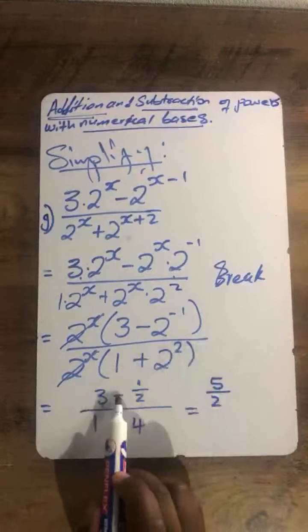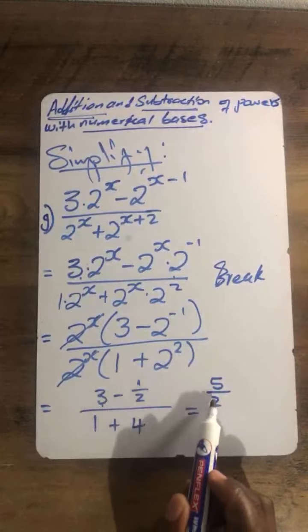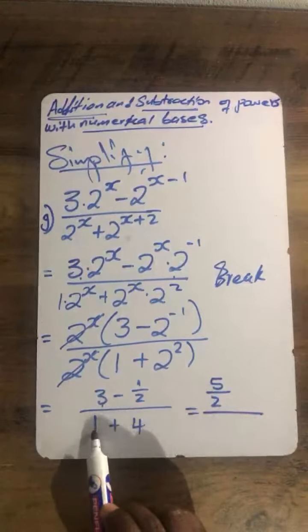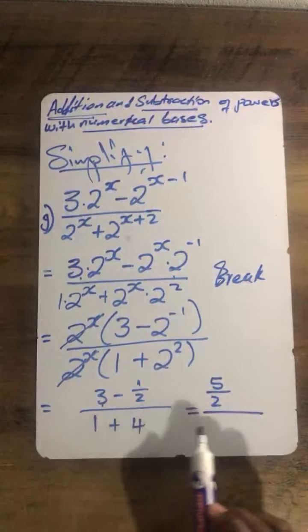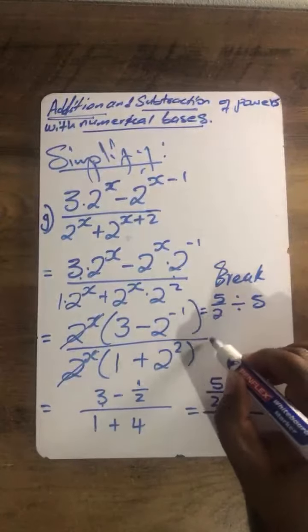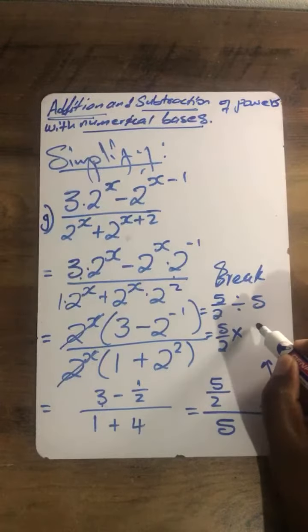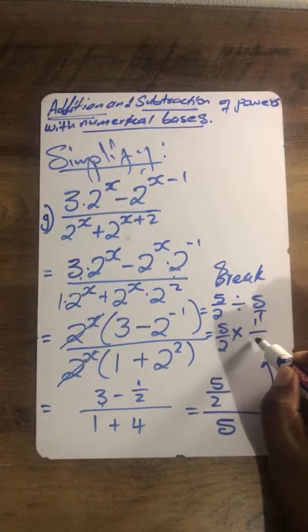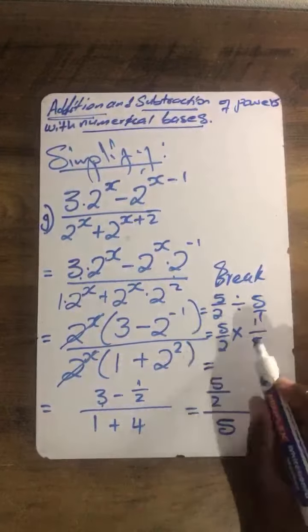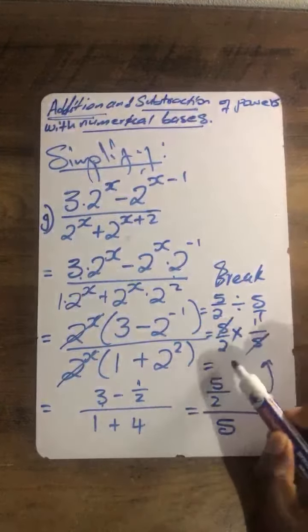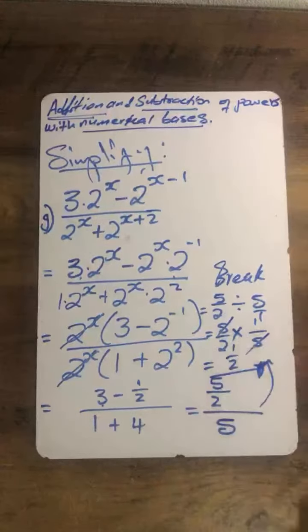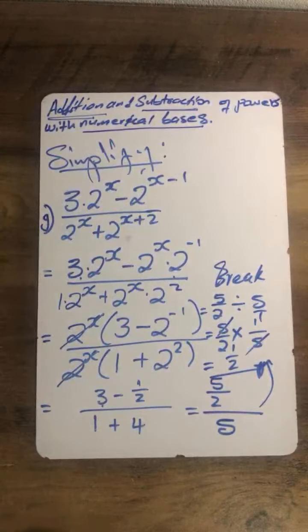Because it's 3 minus half, it ends up being 2.5, over 1 plus 4, that is 5. And we know that you change that sign to a multiplication. It's like 1 at the top, 5 at the bottom, and that cancels with that. You remain with 1 over 2. Those of you who got 1 over 2, yes, you did get it correct, honorable members.